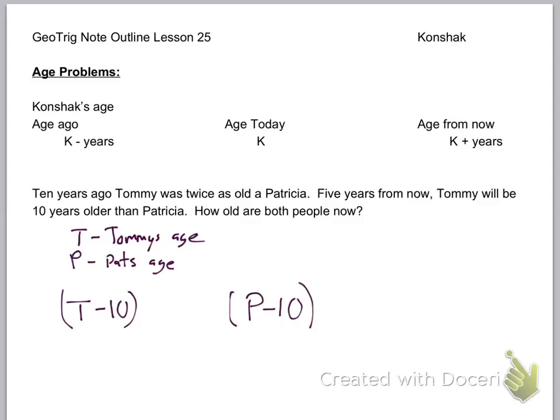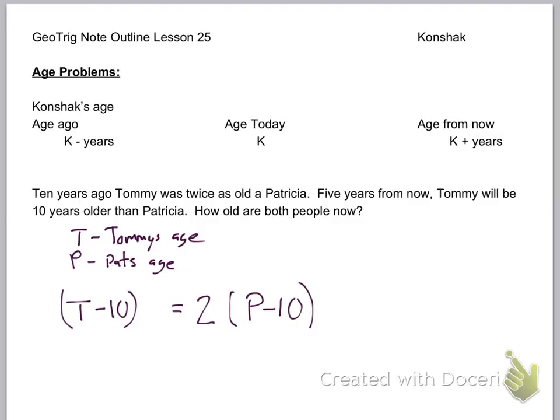Patricia's age. Are they equal? No. Tommy is twice as old as Patricia. Where's the 2 in front of? P minus 10. Because Tommy is twice as old as Patricia, so if you know Patricia's age, you can multiply by 2, yeah? That was 10 years ago.